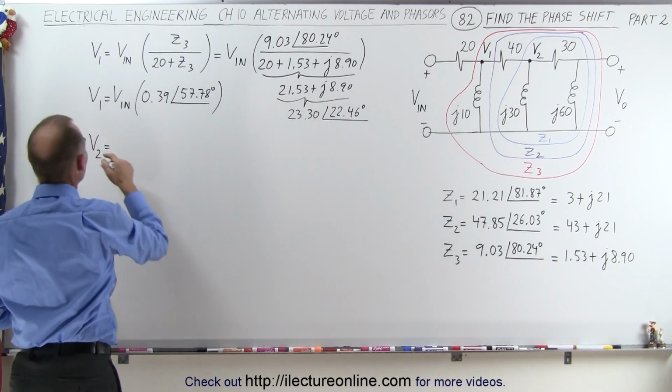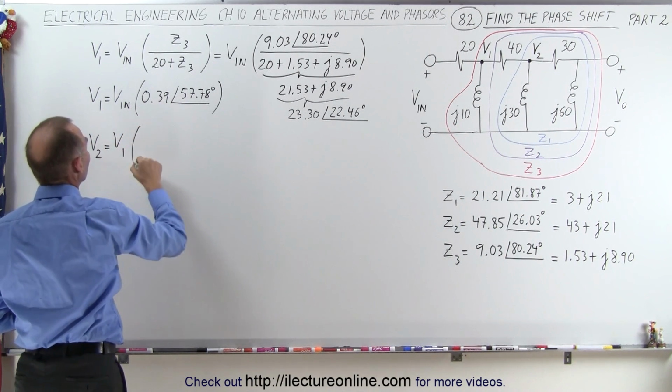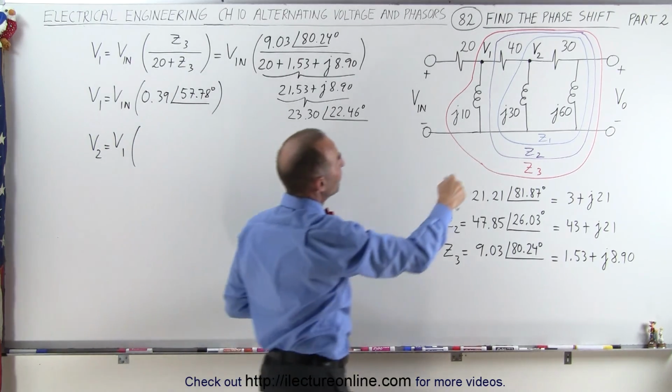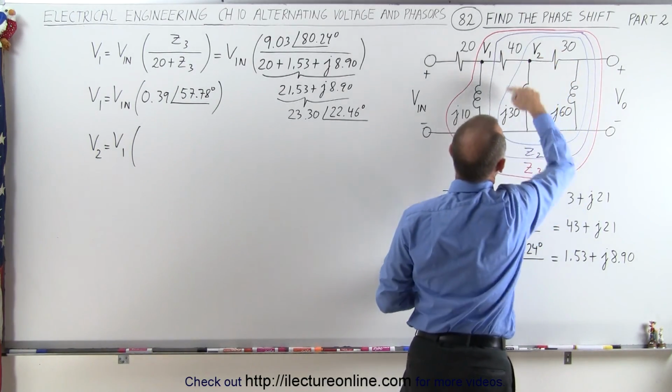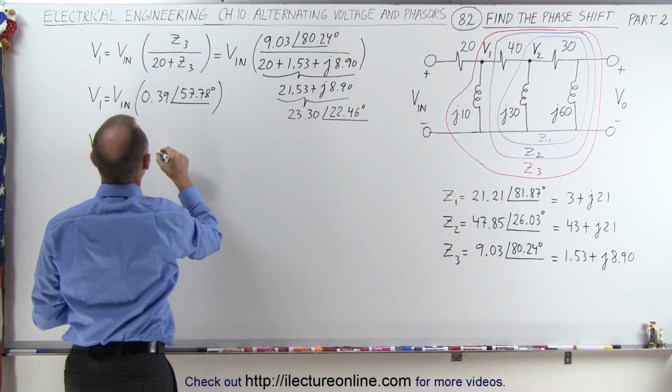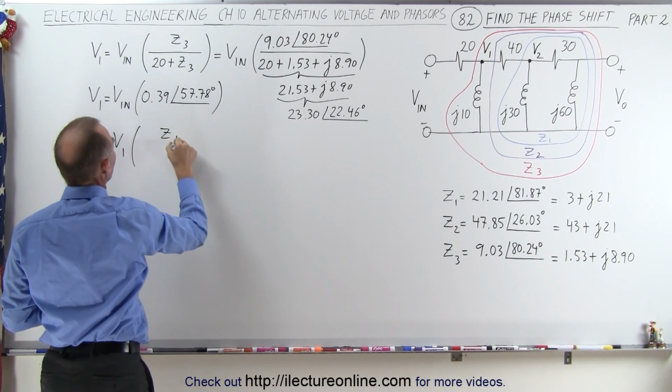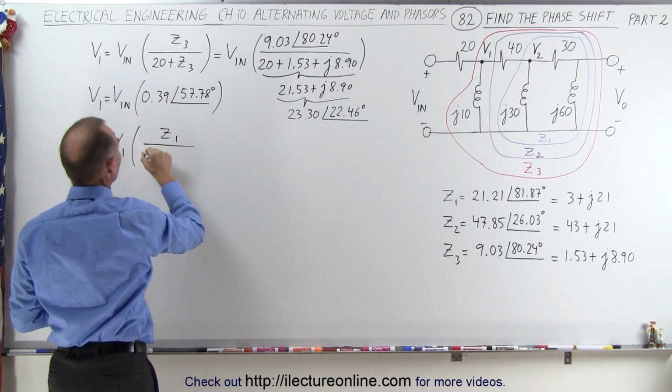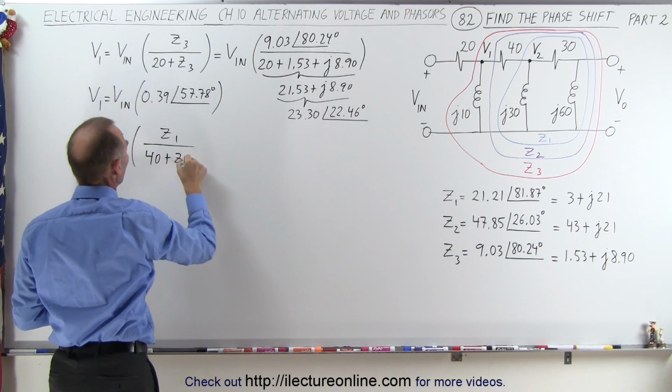The impedance of this part of the circuit is Z1. We didn't need Z2 perhaps. So that would be Z1 divided by the sum of 40 plus Z1.